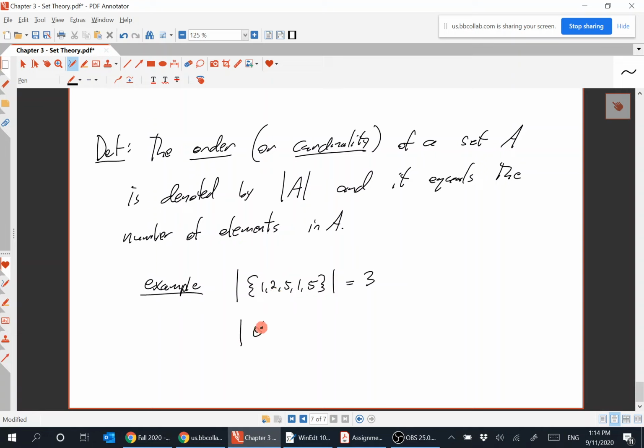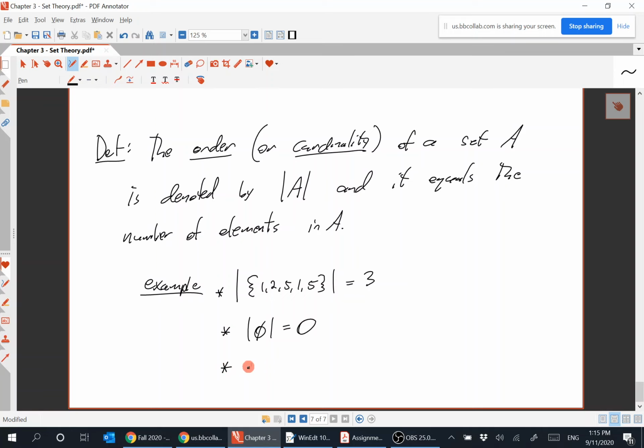The cardinality of the empty set is, how many elements in the empty set? It has no elements in it. The cardinality is, come on, guys, it's 0. 0, of course. The empty set has order 0.